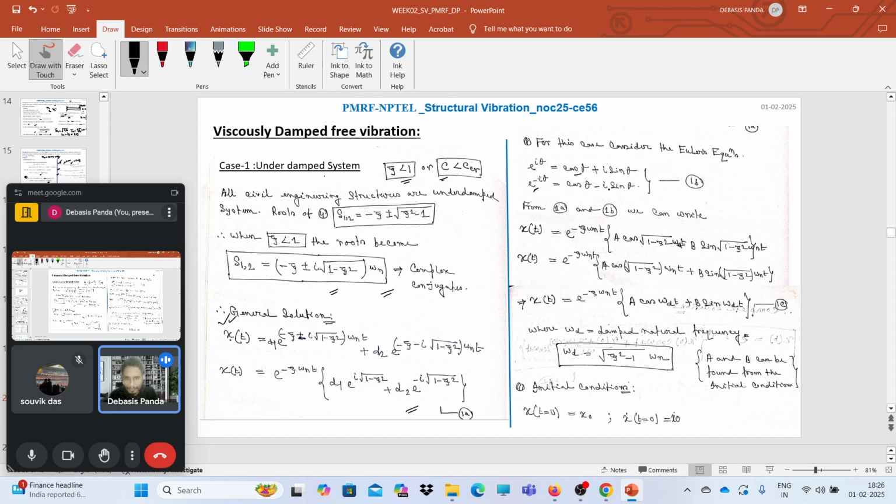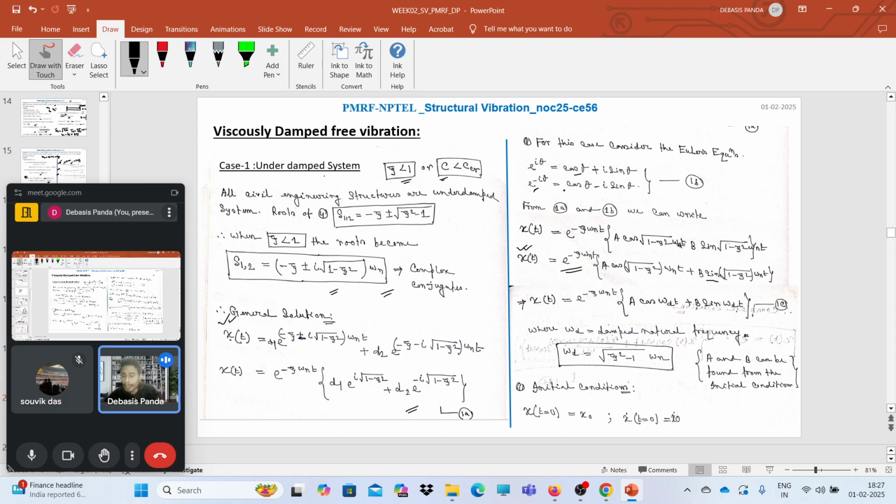Now use these equations. We will get our final general solution as x(t) equals e to the power minus zeta omega n t, the exponentially decaying function, multiplied by a cos of under root of 1 minus zeta square omega n t, plus b sin of under root of 1 minus zeta square omega n t.